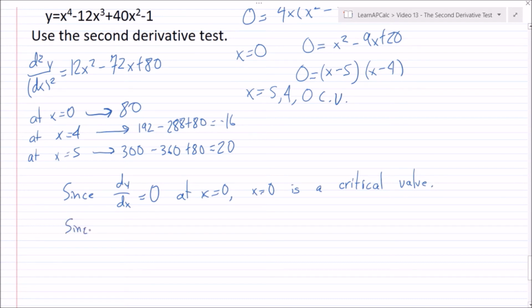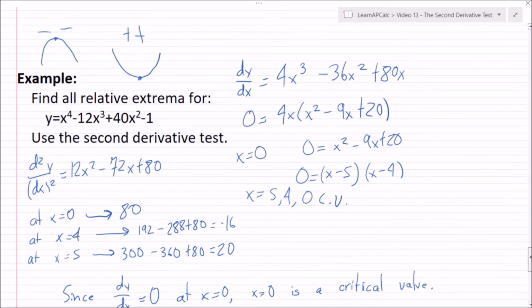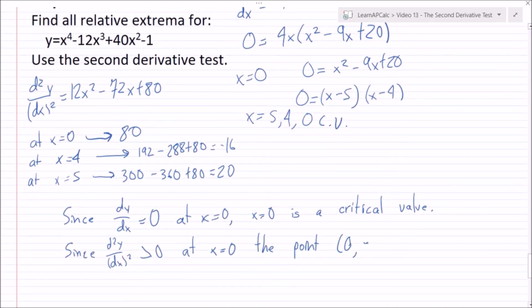Since d squared y dx squared is greater than 0 at x equals 0, the point 0, comma, I believe it's negative 1, 0, comma, negative 1 is a relative min. So that's an example of how to speak derivative if you use the second derivative test.